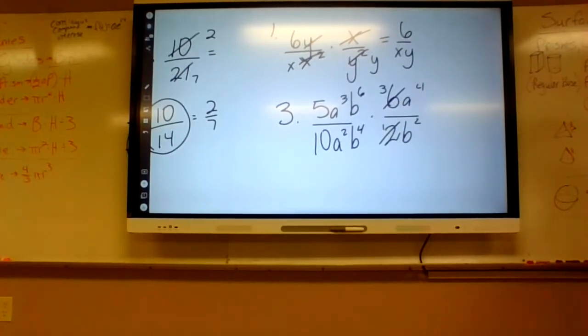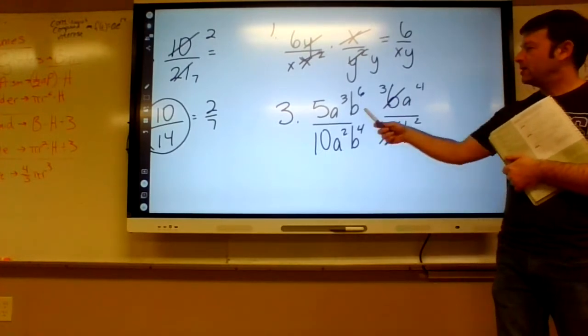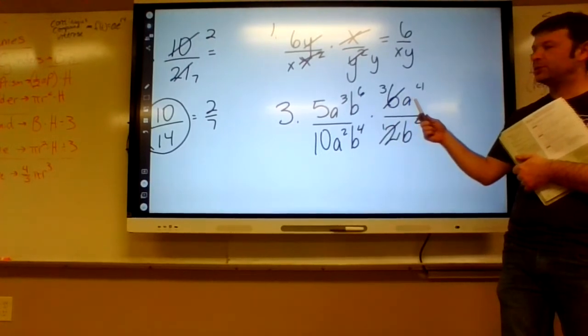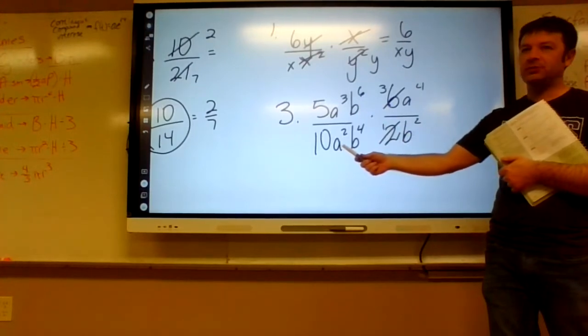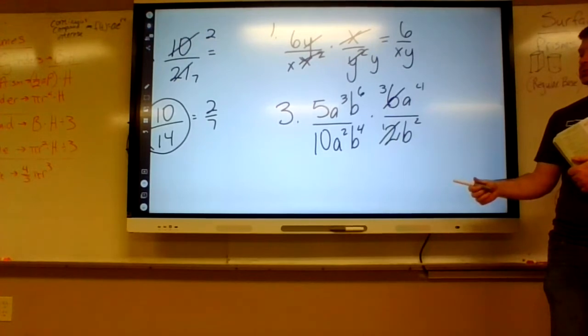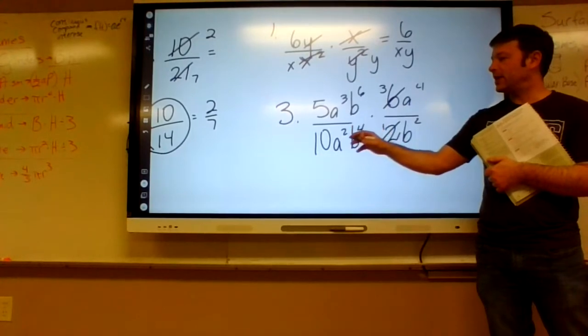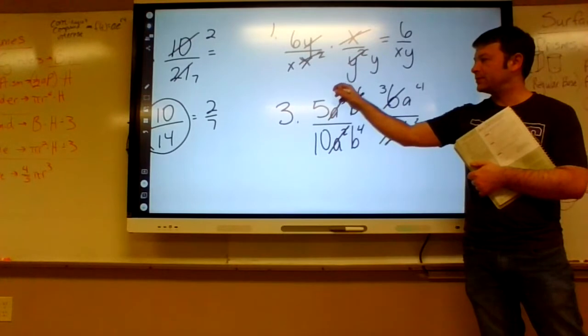What else? Ty, what else we got? What else cancels out? A squared. Okay, on top, I have A cubed times A to the 4th, which is A to the 7th, divided by A squared. What's A to the 7th divided by A squared? A to the 5th. A squared and A cubed cancel out, but that leaves one A on top.